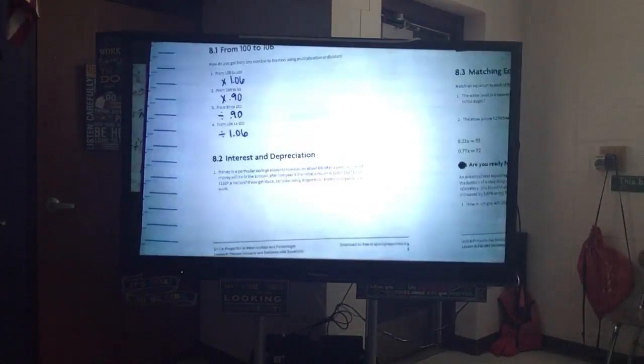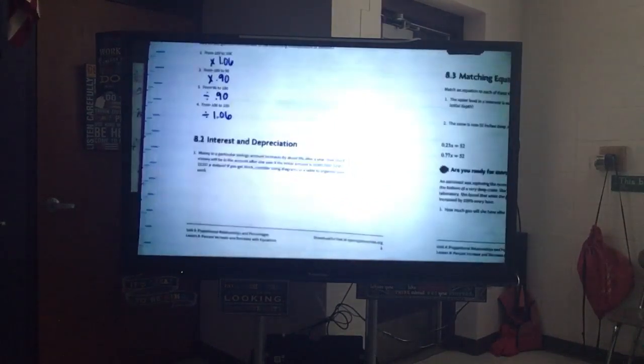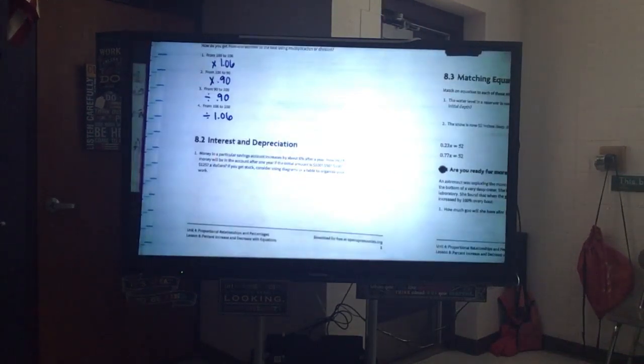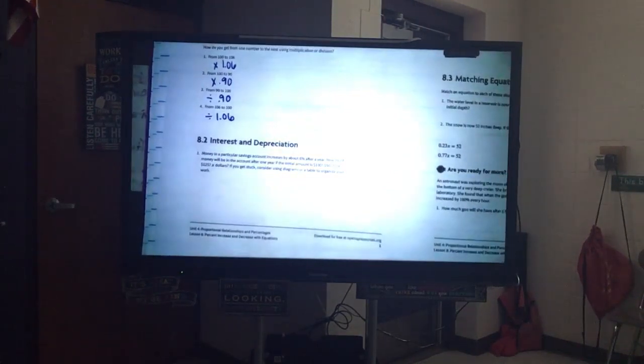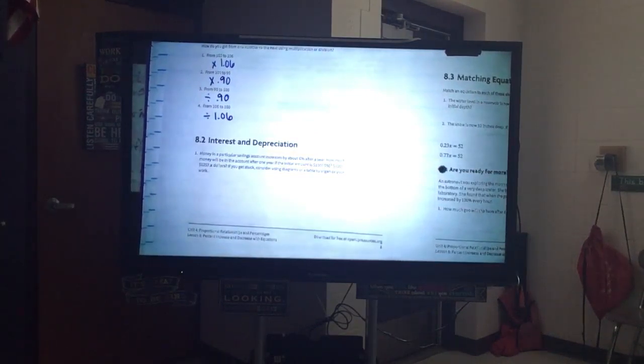Let's go ahead and move on to the second part of this. It says, money in a particular savings account increases by about 6% after a year. How much money will be in the account after 1 year if the initial amount is $100, $50, $200, $125, or X dollars?